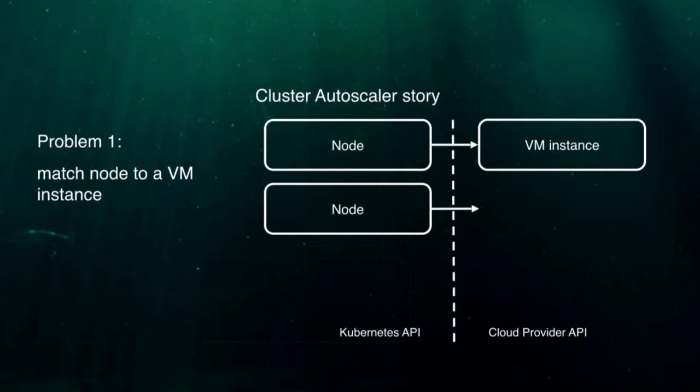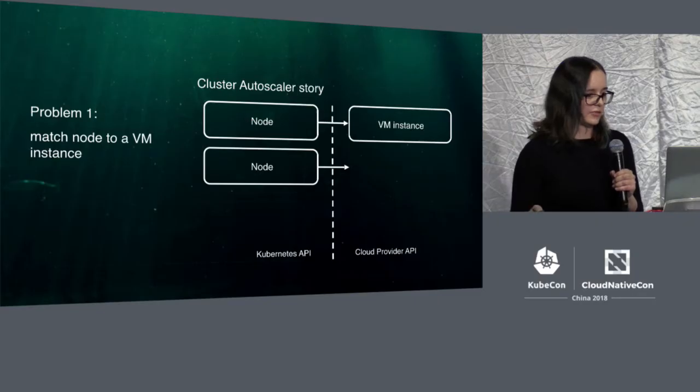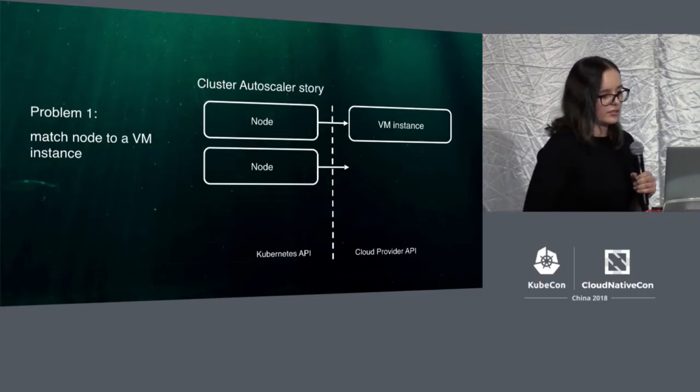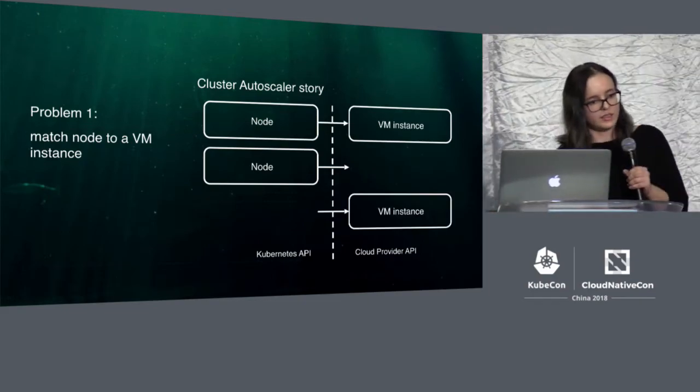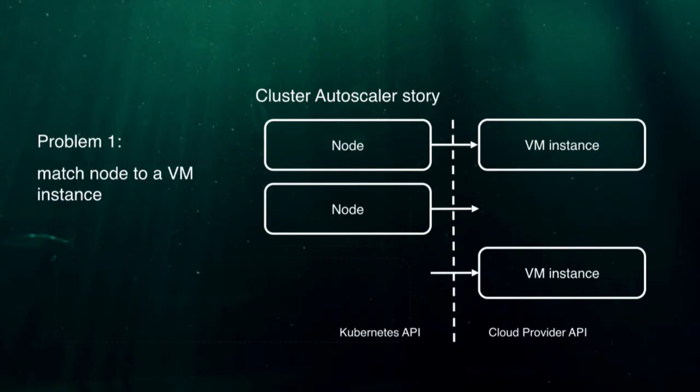So we can match them, but what if there's a node with provider ID set and you can't find an instance with that provider ID? What if you have an instance that looks like it should belong to the cluster, but there is no node with matching provider ID?